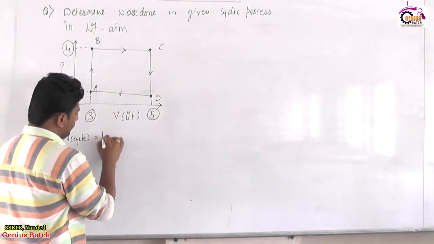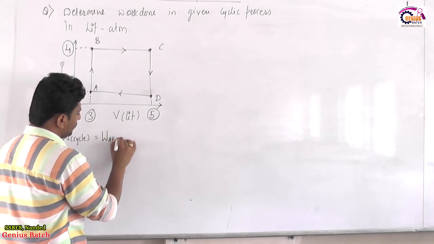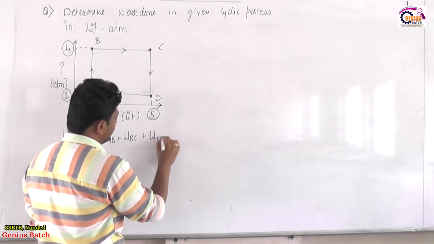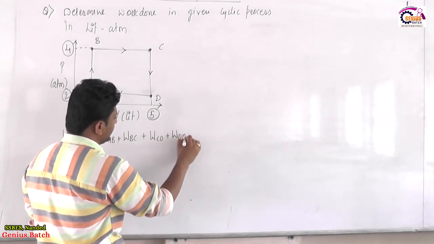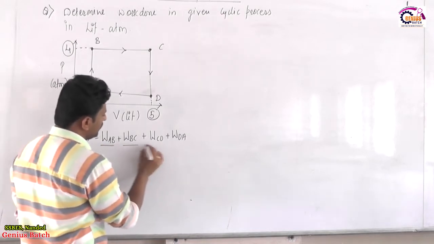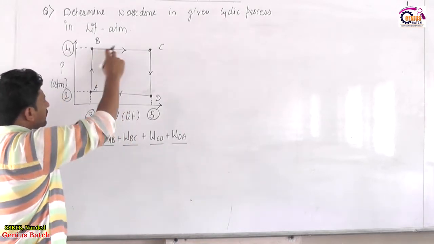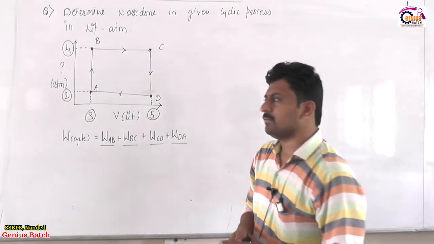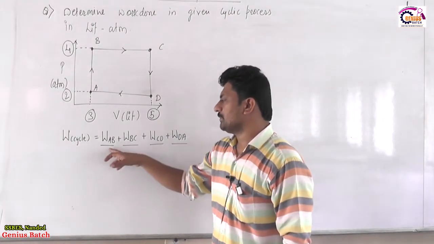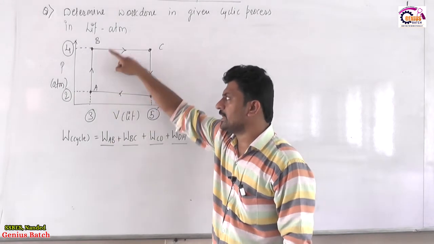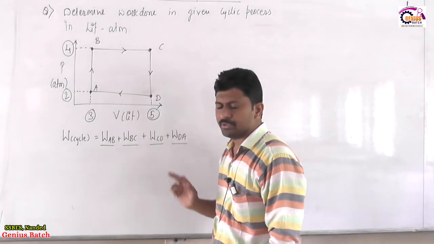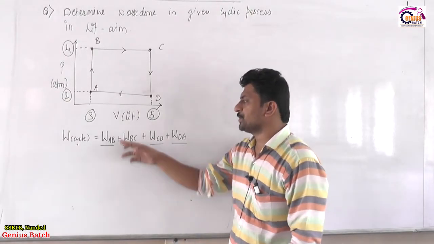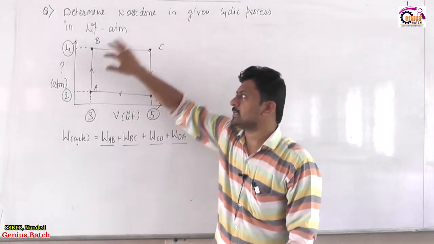So work of the given cycle is equal to work of AB plus work of BC plus work of CD and finally work for DA. The four edges of the rectangle represent four different steps in this cyclic process, and work done in each step is represented as W AB for that edge, up to W DA for the last edge. Now we need to find out work done in individual steps, then take the summation of them, and finally we will get work in the entire cyclic process.